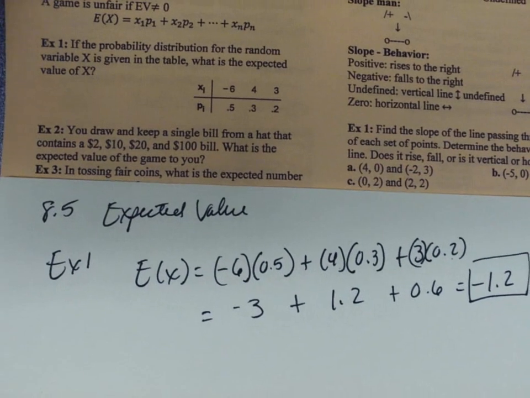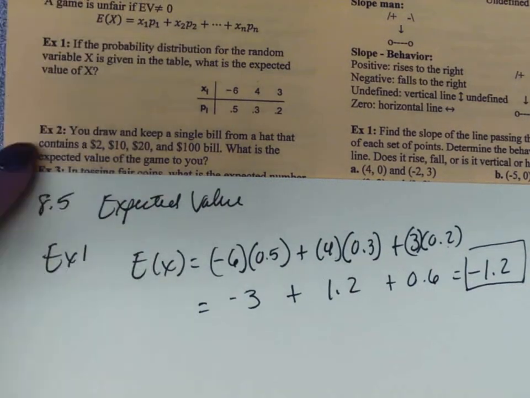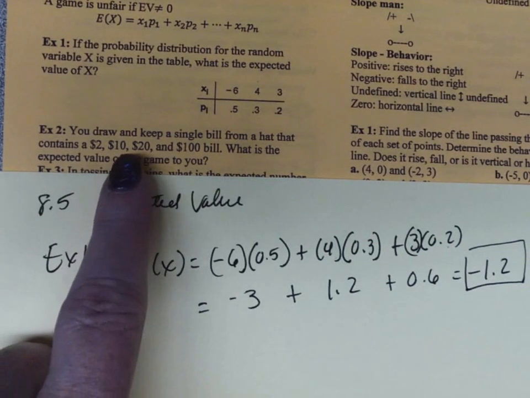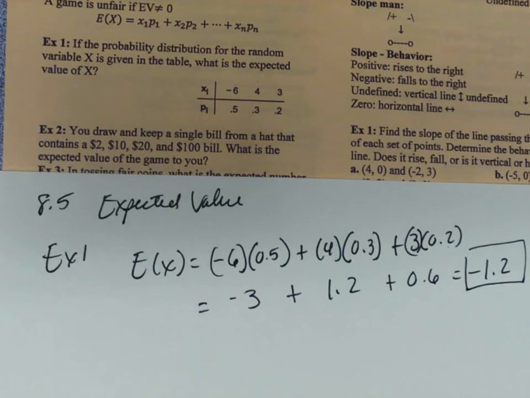All right, for example 2, you draw and keep a single bill from a hat that contains a $2 bill, a $10 bill, a $20 bill, and a $100 bill. What is the expected value of the game to you? So again, we're going to do the expected value.